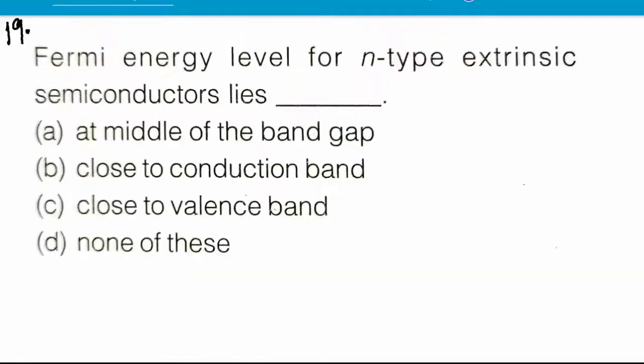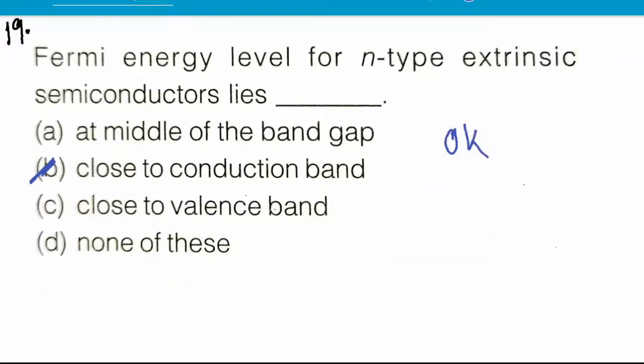Next question, question number 19. Fermi energy level for n-type extrinsic semiconductor lies close to conduction band. What is Fermi energy level? This is the highest occupied energy level of a material at absolute zero temperature, that is 0 Kelvin.